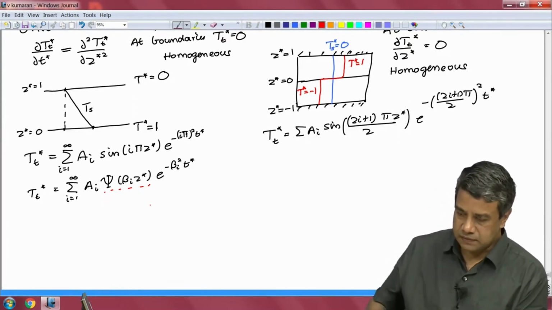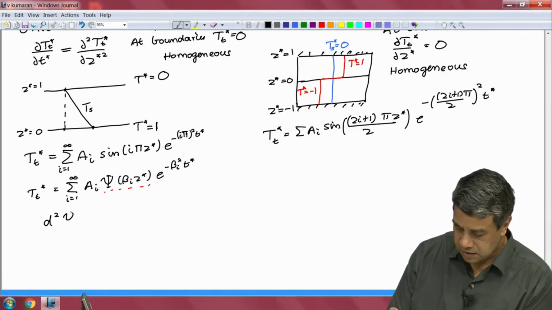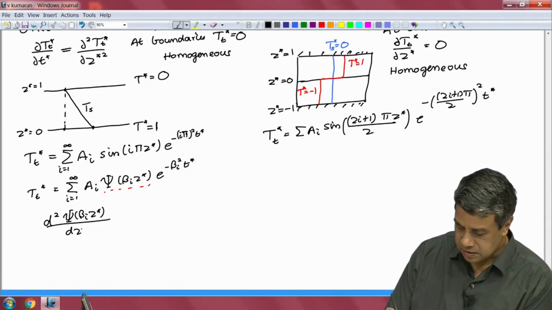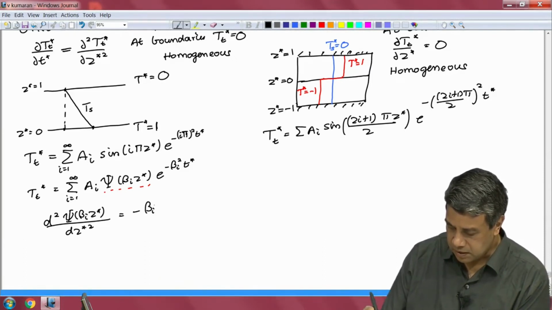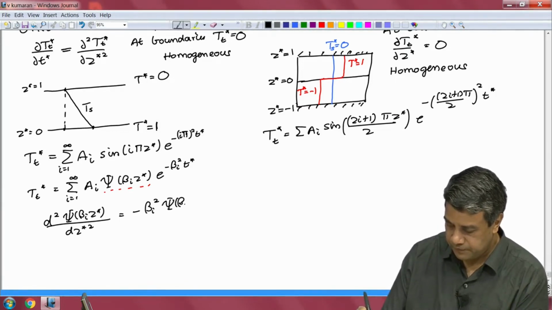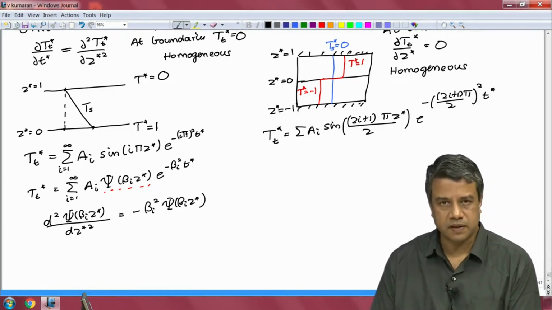So, let us take a function which satisfies this condition, d square psi of beta i z by dz square is equal to minus beta i square psi. Let us take a function of this type.